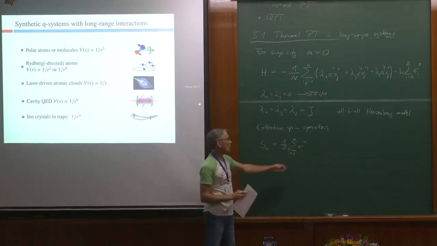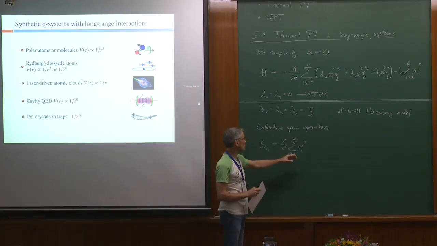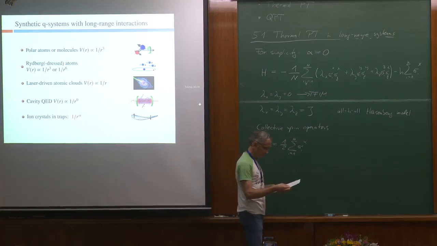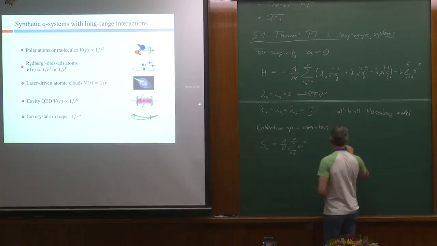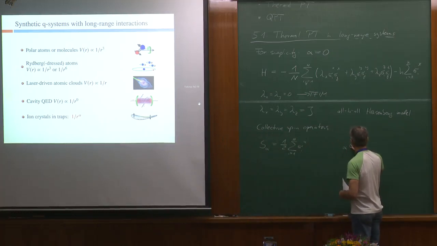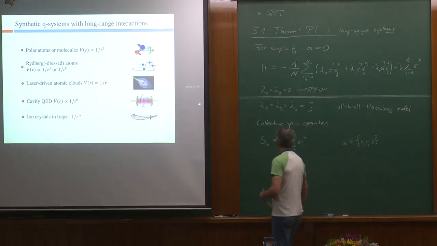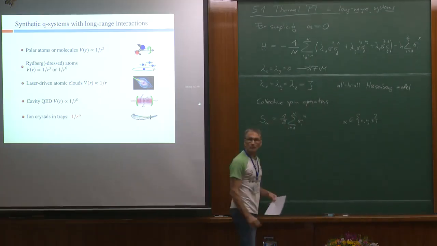So I either sum all the x components, or all the z components, or all the y components, and I get this collective spin operator.